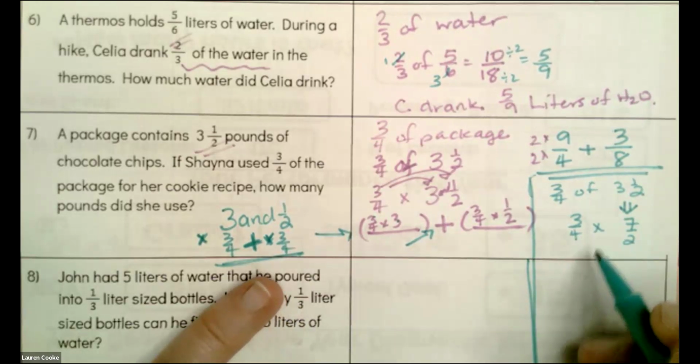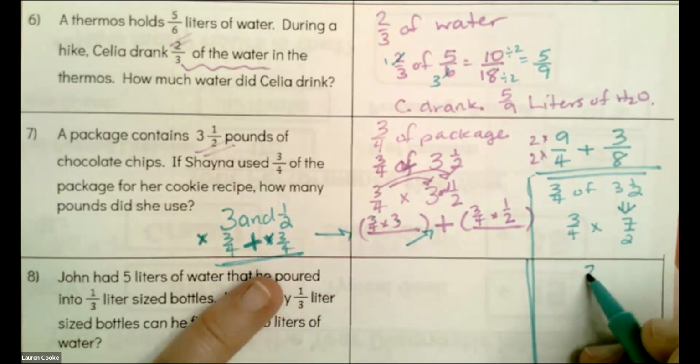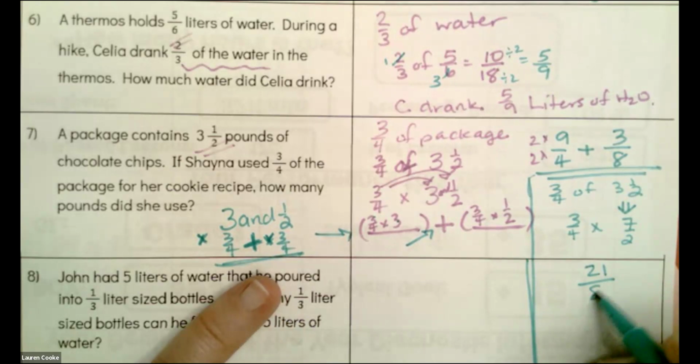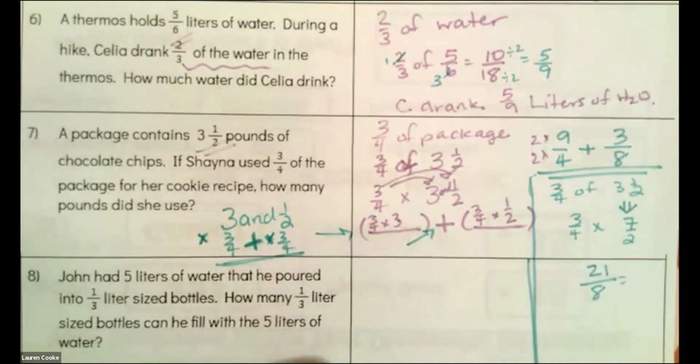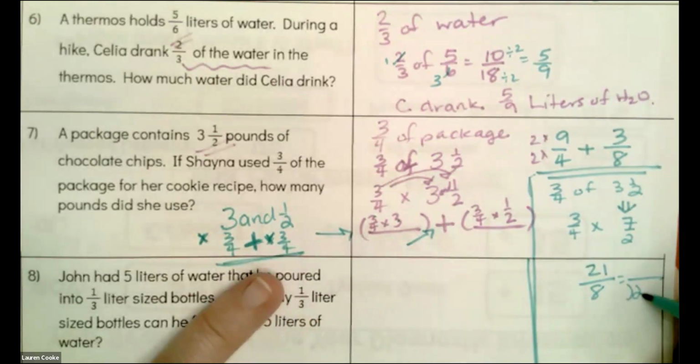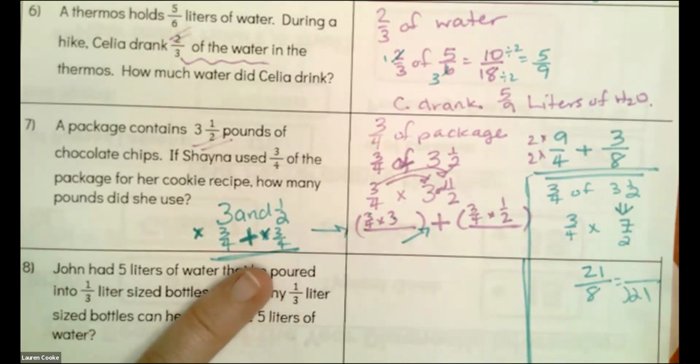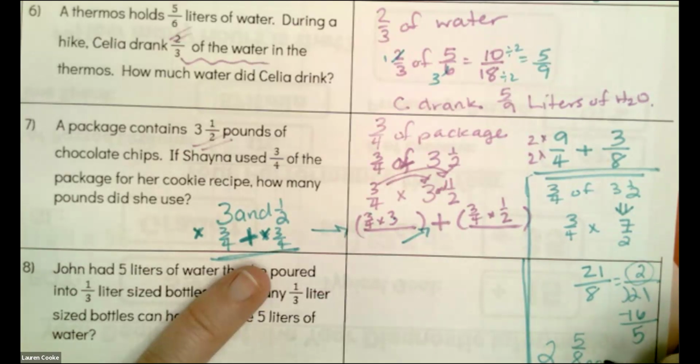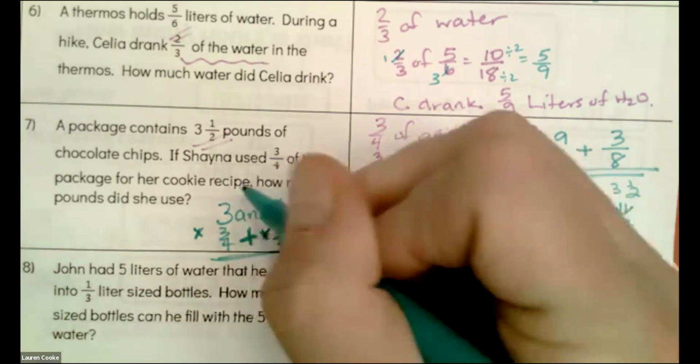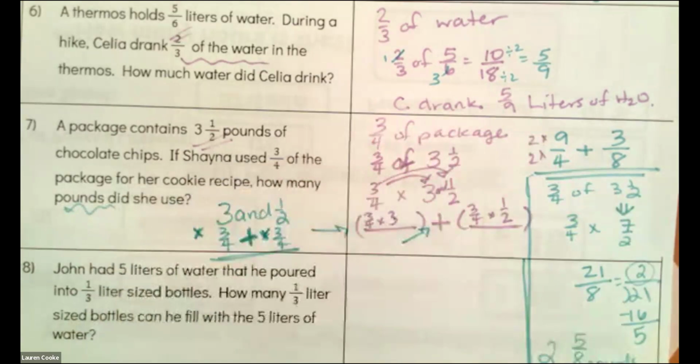And that's just going to be a little bit easier for me. 3 times 7, and I don't use that word easy often, but it definitely does help. 21. How many 8s in 21? 8, 16, 2, 16, and I have 5 left. So I have 2 wholes and then 5/8 pounds. Okay, because it was the pounds of the cookie.